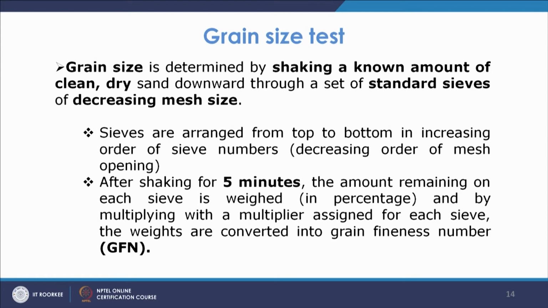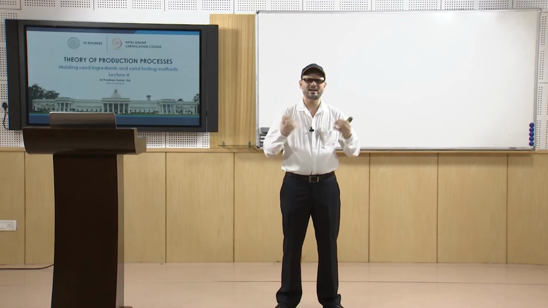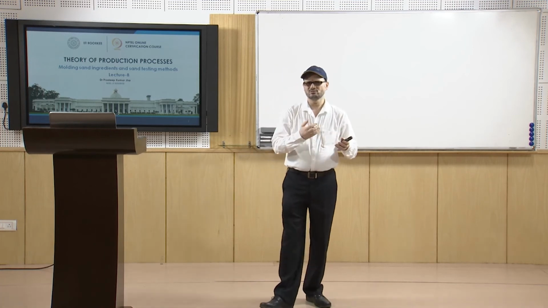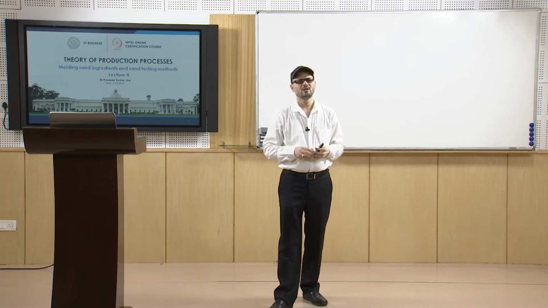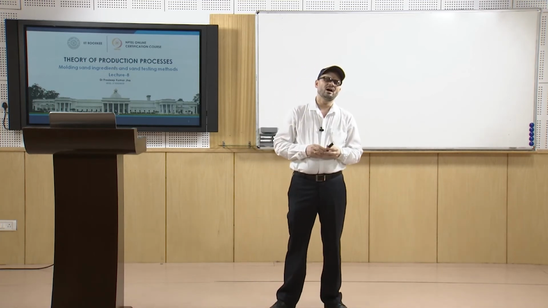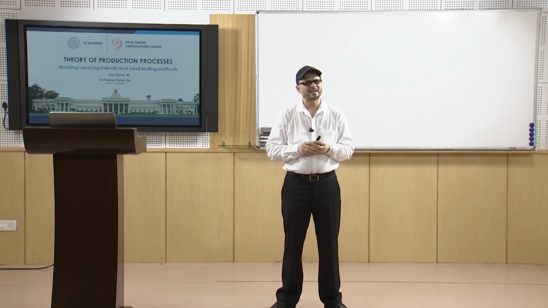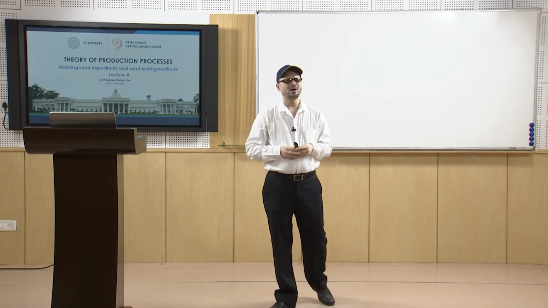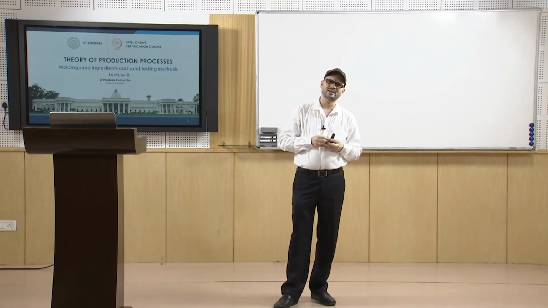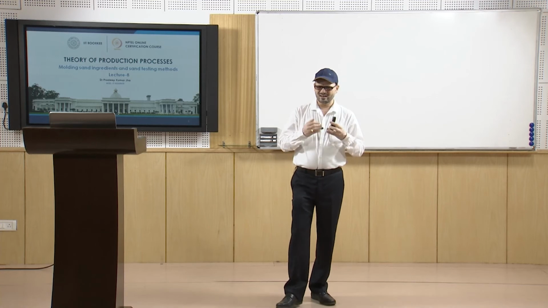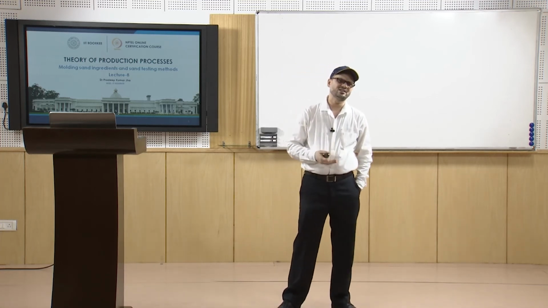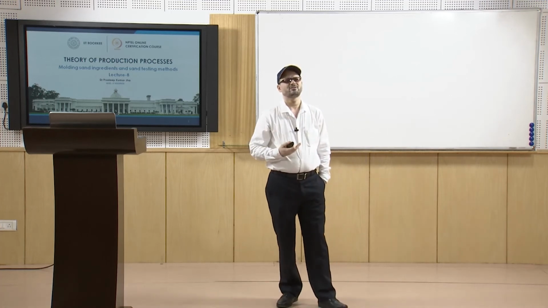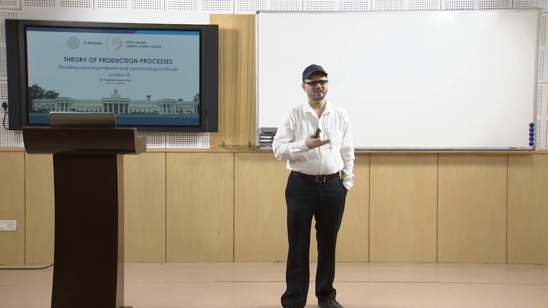As we discussed, the grain which you collect from the riverbeds or any other source is of different sizes and shapes. The grain size affects the properties of the molding sand, like its refractoriness, permeability, and strength.